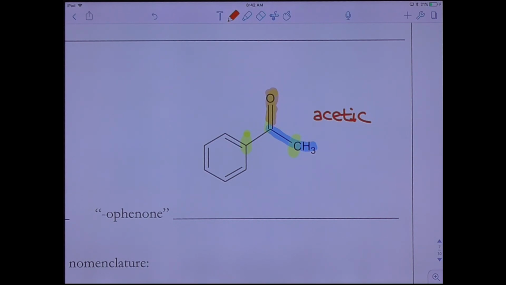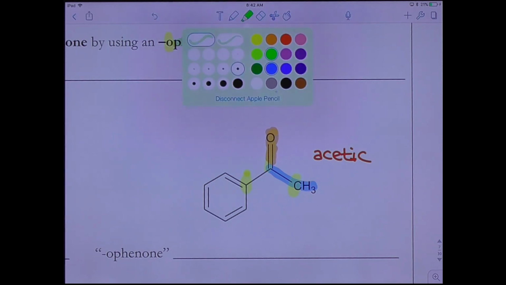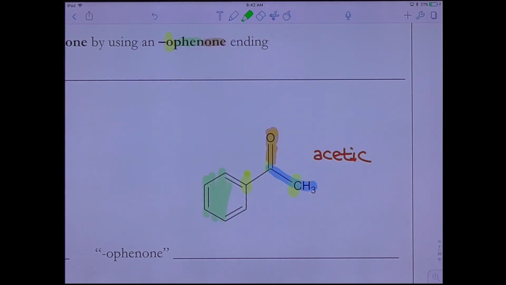And then you're saying, oh, there's that phenyl group there too. So it's based on acetic, but then you're going, oh, it's a phenone. So it's an acetophenone.